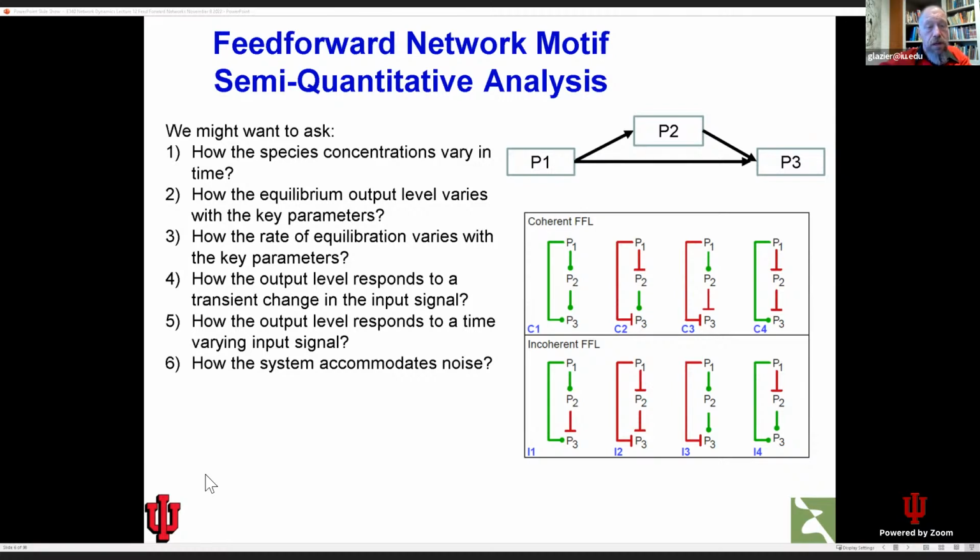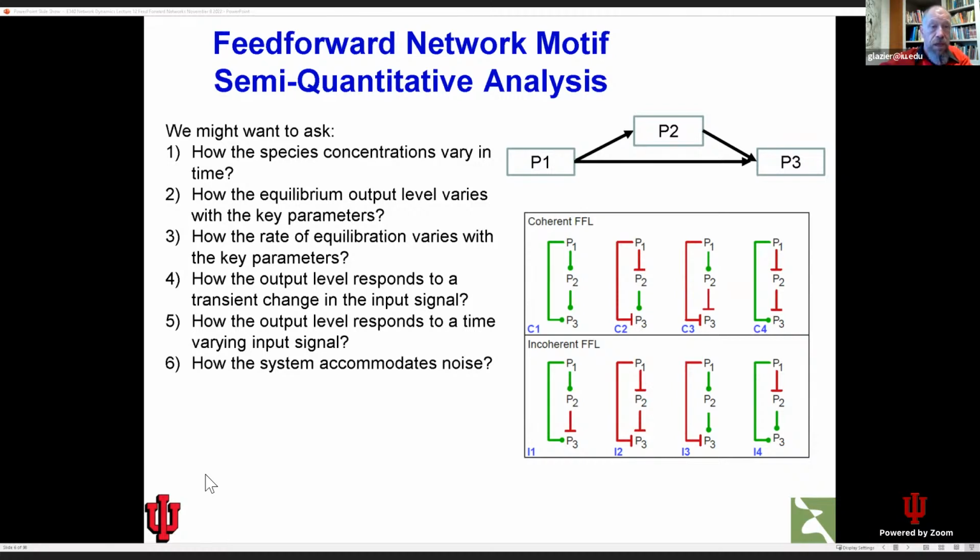Something that we haven't really gone into, although we could do quite quickly in antimony, is do stochastic simulations. We haven't covered it, but you could do a stochastic simulation by replacing the word simulate with Gillespie when you invoke the simulator. And you can then see how these systems respond to noise.